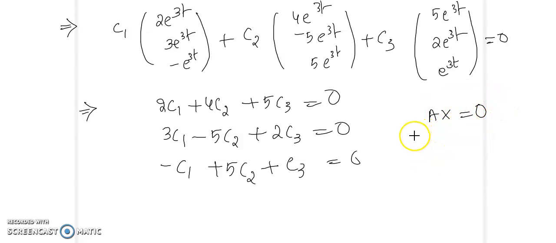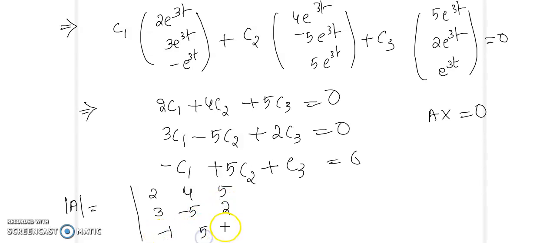Now we find the determinant. So take the determinant of the coefficient matrix. If the determinant is equal to 0, that means there exists a non-trivial solution. So you have 2, 4, 5, 3, minus 5, 2, then minus 1, 5, 1.